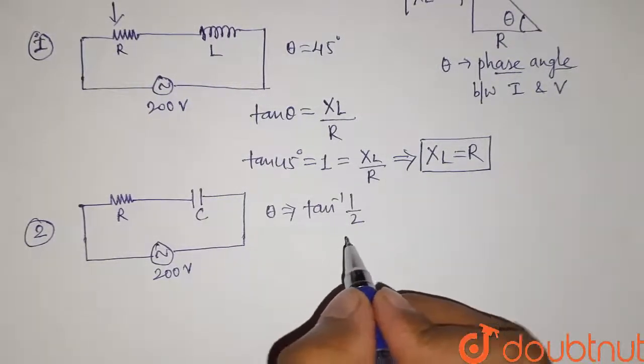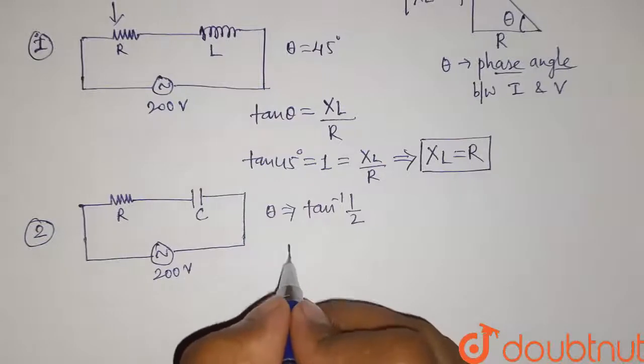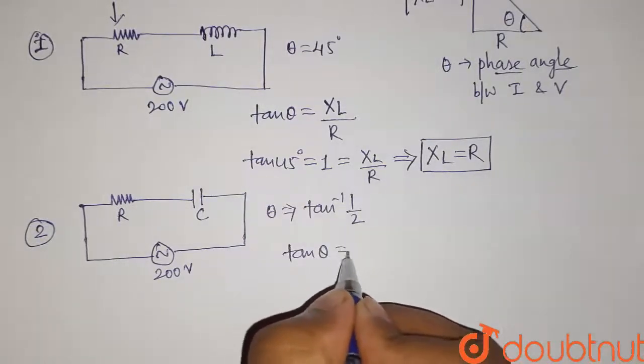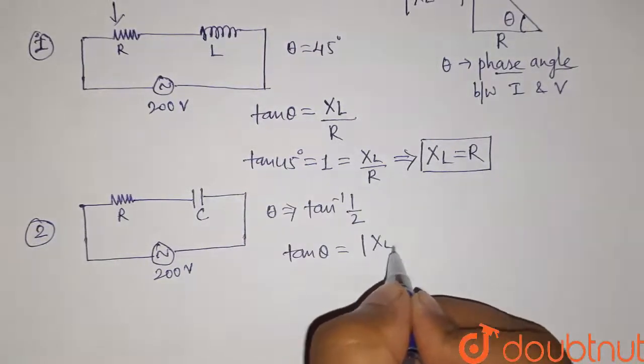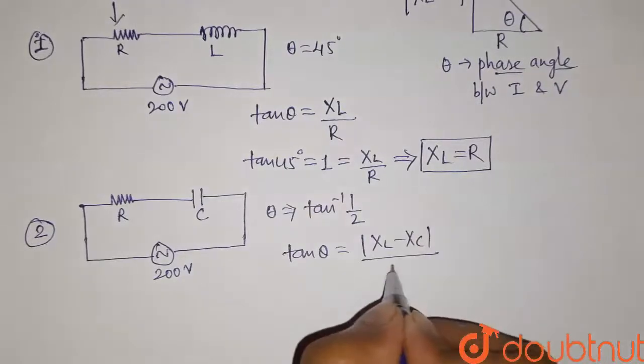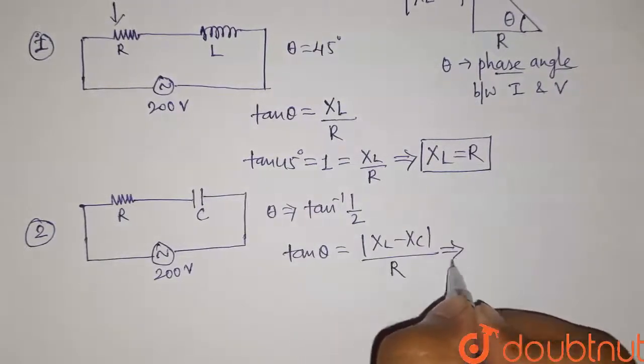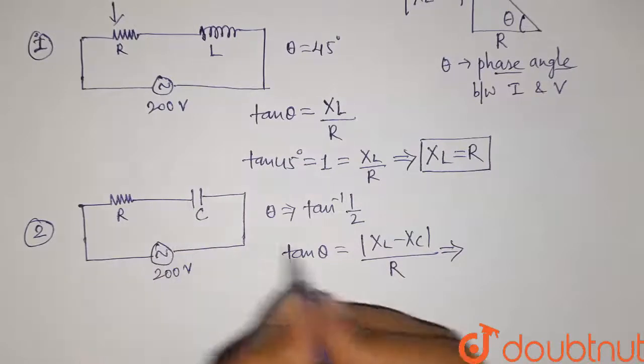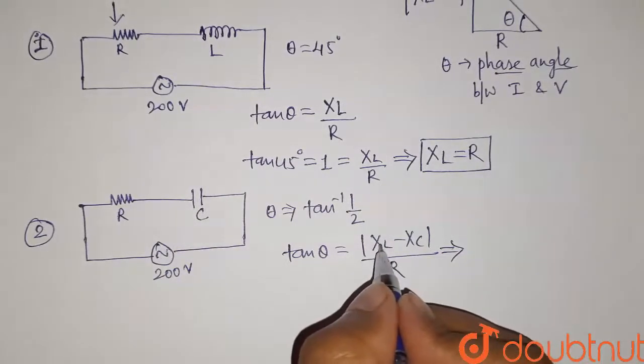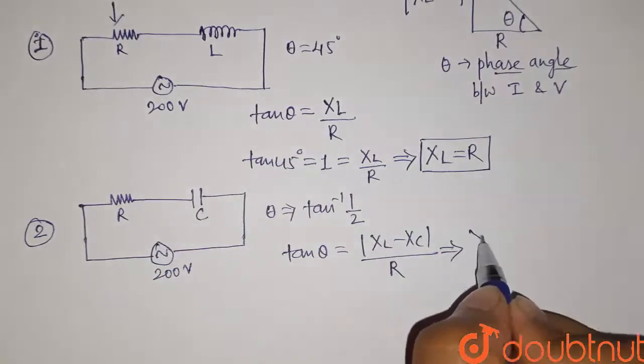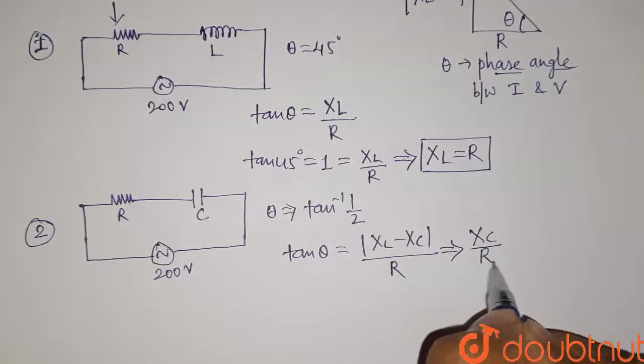Using the impedance triangle again, tan theta equals XL minus XC divided by R. But we have removed the inductor, that is why XL becomes 0. So we have XC divided by R.